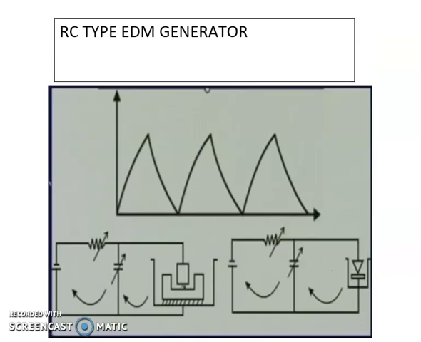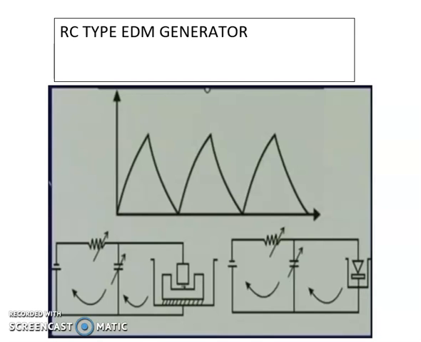This is the general diagram of the RC type generator and the associated waveform. In this diagram we have the setup for the RC generator, and to the same setup we attach the EDM as a load.